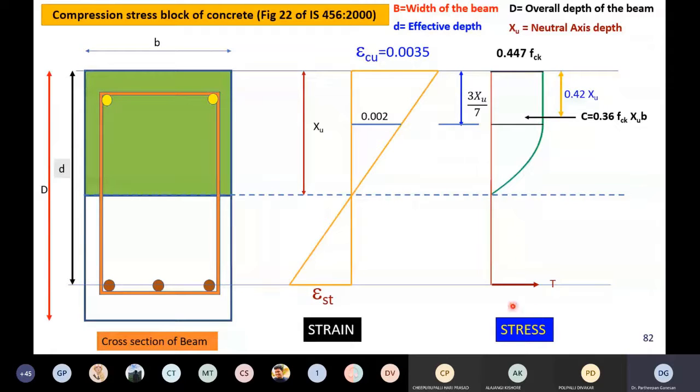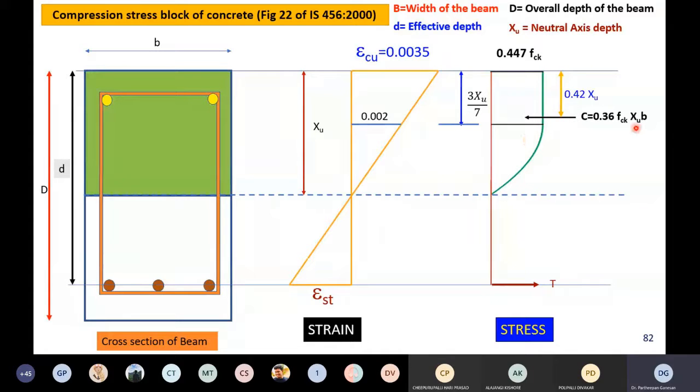Now this stress block is given in figure 22 of IS 456, on page number 69, I believe, where the total compressive force is resisted by the concrete of width B and depth XU.